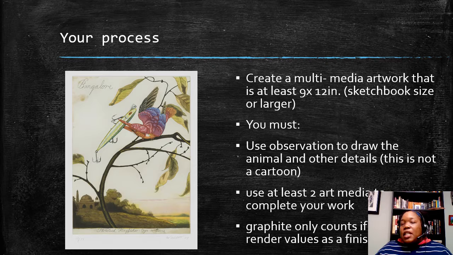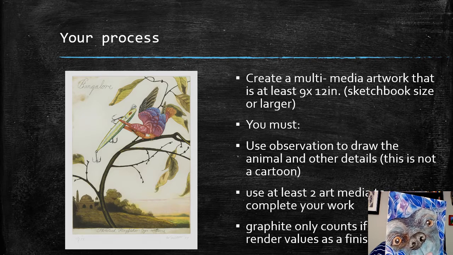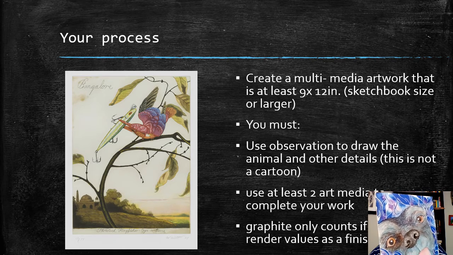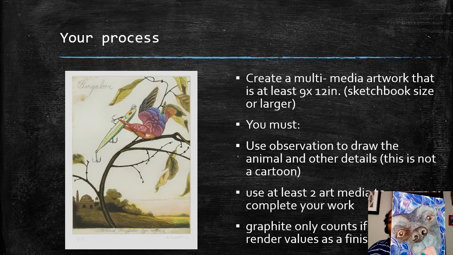Thinking about the pieces that I showed you yesterday. Within this piece, and remember I showed you how I layered the materials together, there's a watercolor background with ink in the background.